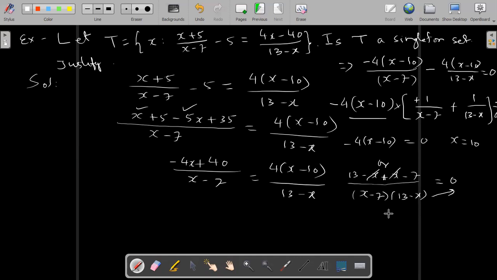There is no value of x. So therefore we only have the value 10. Hence T is having only one value, 10. It is a singleton set. Yes, x is equal to 10 is the answer. Yes, correct.